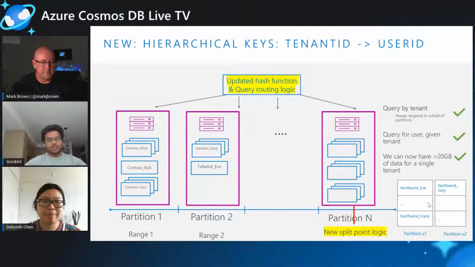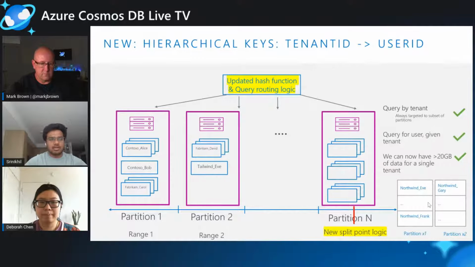Yes, Mark. We do optimize the split point detection in some way. How we currently optimize it is we try to move the entire data of a single tenant to be on a single physical partition. For example, let's say the split point for a partition N, as Deborah has shown in the picture, ends up falling somewhere in the Northwind tenant.